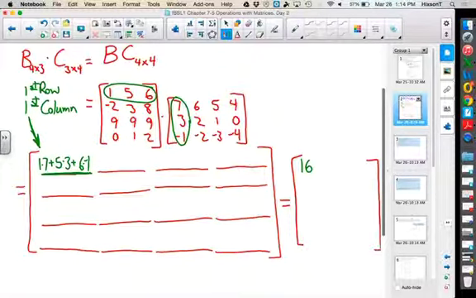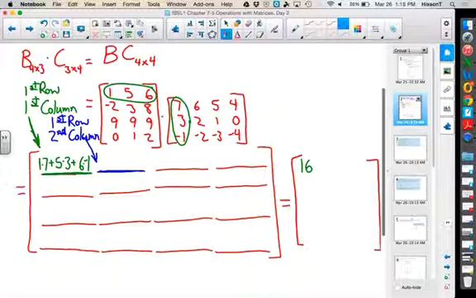Alright? Everyone with me so far? Okay? Alright. Now we will look at our second element. Okay? Now this second element is in the first row again, but it's in the second column.